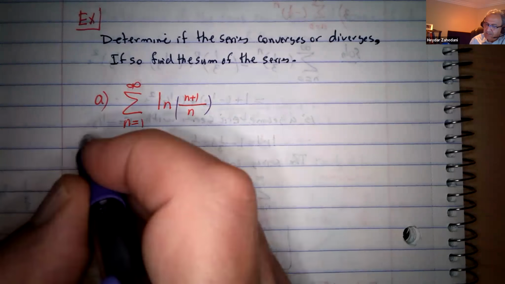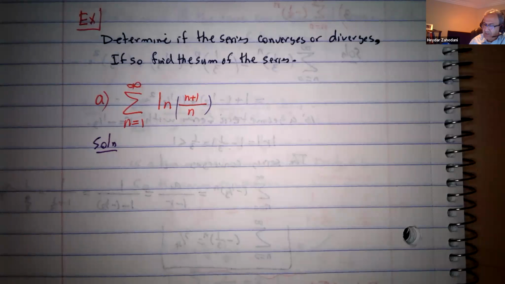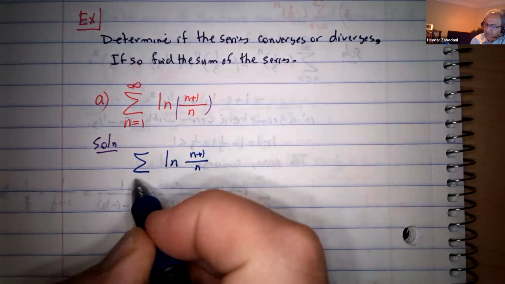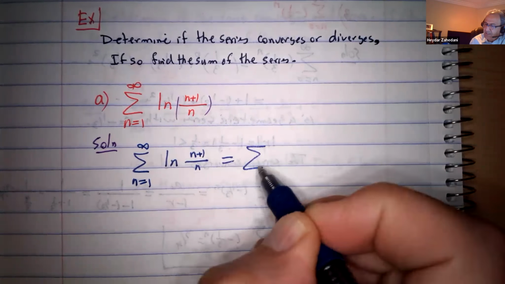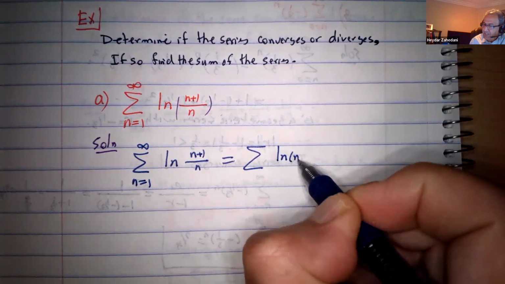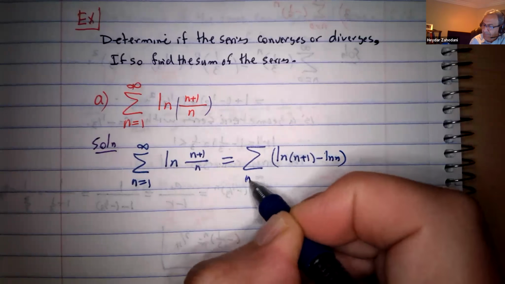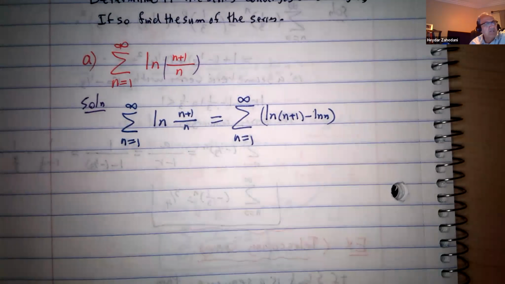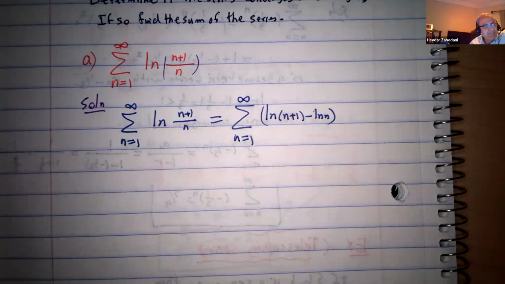So we can break it with algebra. The sum from n equals 1 to infinity of ln of (n plus 1) over n can be rewritten, by the quotient rule, as ln of (n plus 1) minus ln of n. So now it's telescoping, because this is the difference of two consecutive terms.